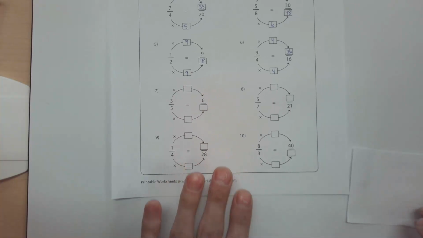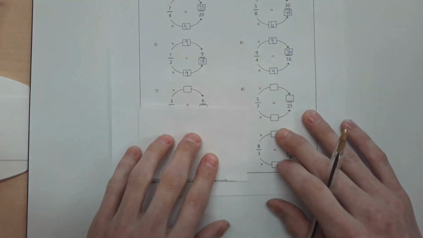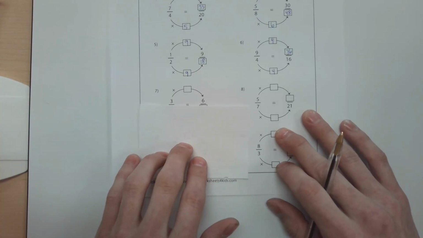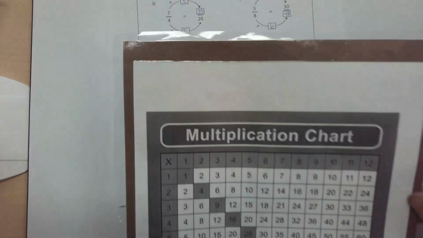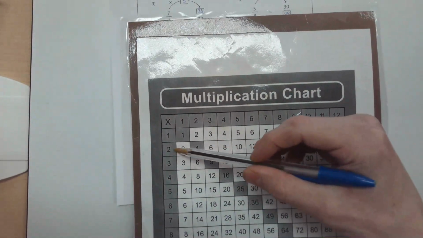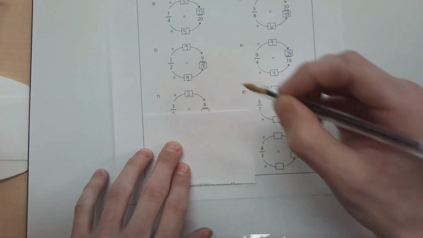Let's try number 7. For number 7, we're going to cover the bottom. 3 times a number equals 6. 3 times 2 equals 6.